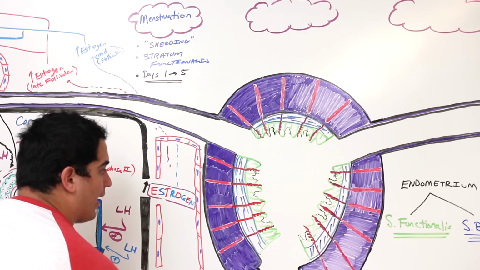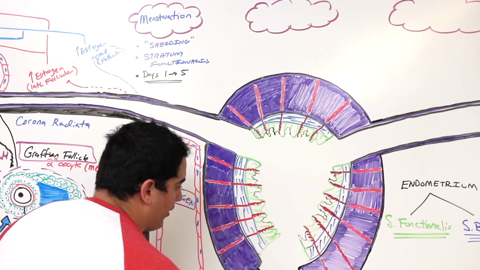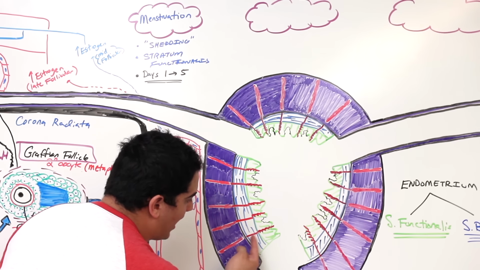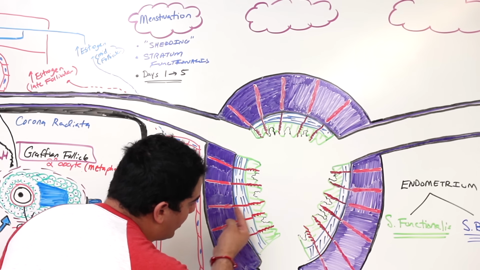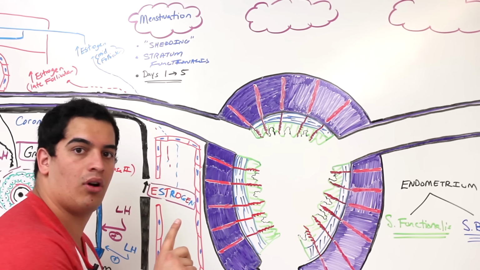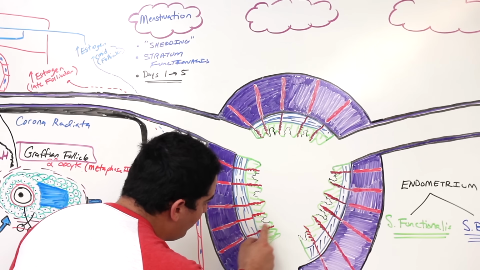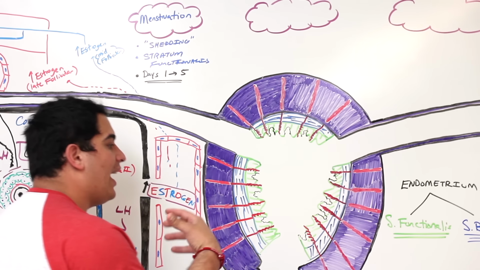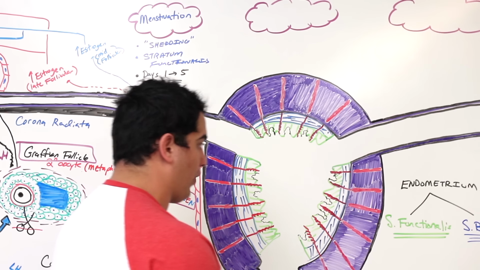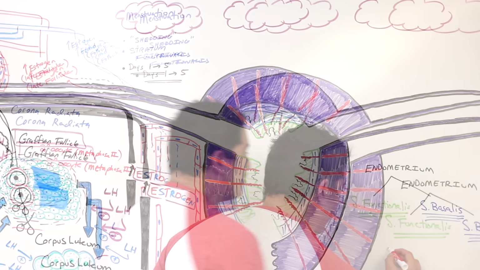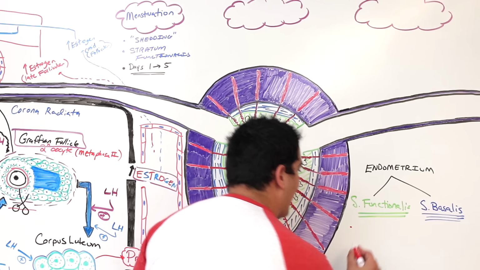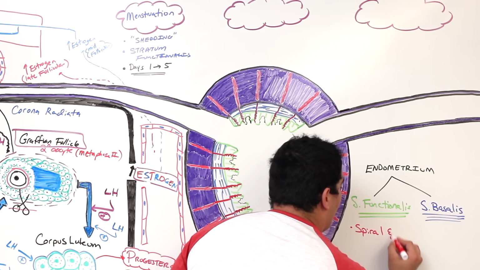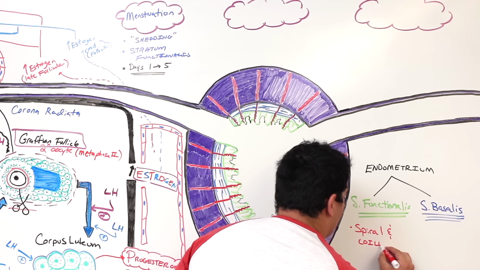Before I go on, let's discuss something really quick. You see the stratum basalis right there? You see that red artery going through it? That's a straight artery. The ones in the stratum functionalis are spiral and coiled arteries. Let's write that down. The stratum functionalis has these spiral and coiled arteries.